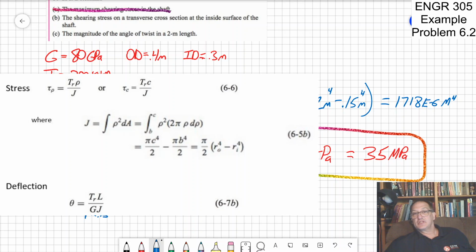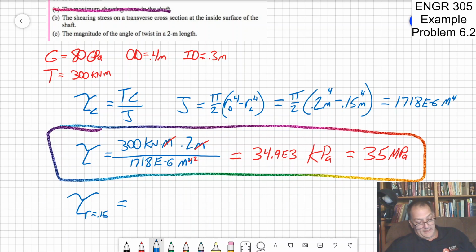The shear at any radius, remember rho is equal to the radius, I just put in rho instead of c. When I substitute 0.15 into this equation, that's 3/4 of what it was, so my stress is just going to be 3/4 of the maximum.